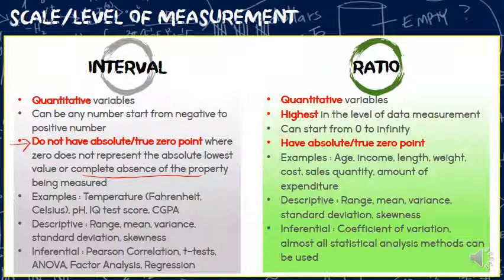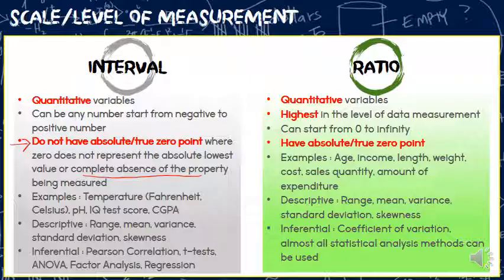No. Zero dia bukan absolute zero. So dia adalah interval scale. Contoh lain, CGPA 4 flat, CGPA 3.6, CGPA 0.00. Adakah CGPA 0.00 itu bermaksud you tak ada CGPA? No. You ada CGPA, but CGPA awak 0.